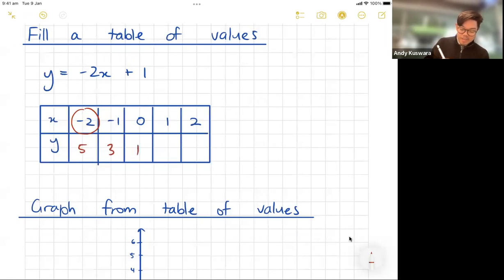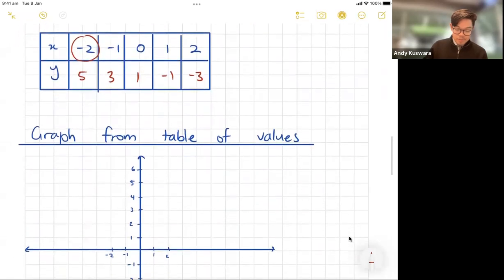You can see the pattern here. You can fill these all out: 1, -1, -3. Is that right? Yes. Okay, so if we wanted to, we can actually graph it. When x equals -2, and don't forget your x is horizontal and y is vertical, the y value is 5.